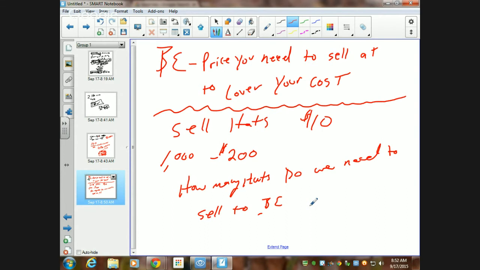You got it down, Judah? It'll work, buddy. All right, Ickes. We sell hats for $10. We just went and bought 1,000 for $200. How many hats do I need to sell to recoup or cover my cost of those hats? $20 hats. How'd you figure that out? What'd you do?